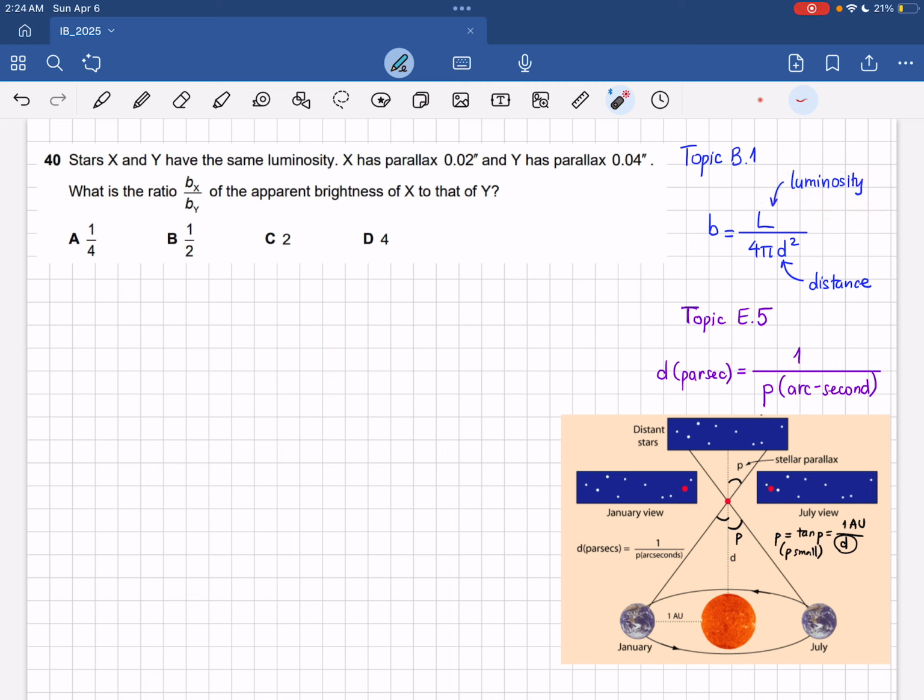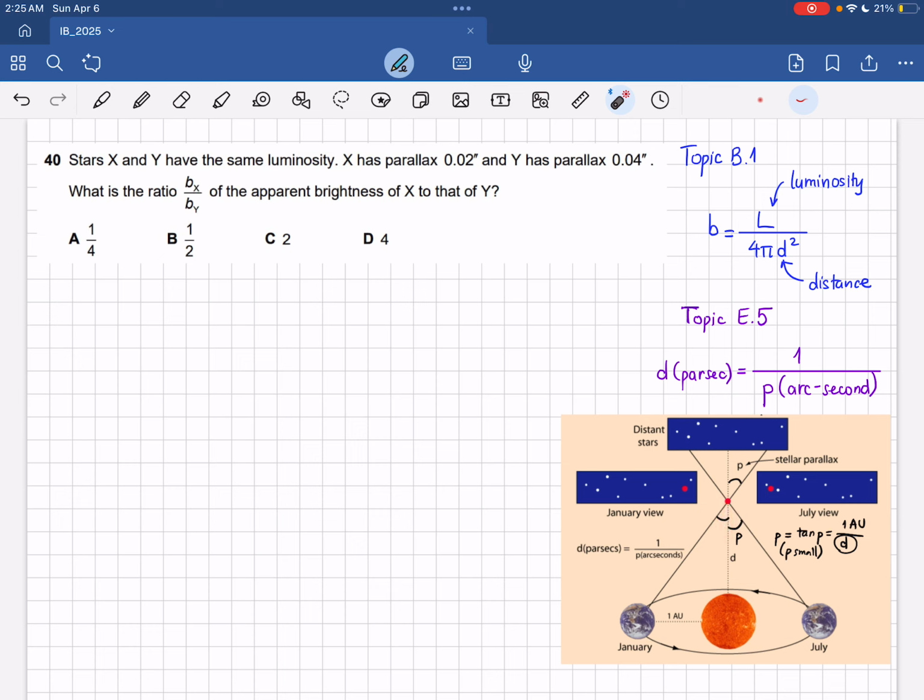By what? Just imagine this is the original source, and you can see that the energy has been spread around in a spherical shape that's really huge, right? And that spherical surface will have a radius of the distance d here. Because this angle is very, very small, you can assume that these lines are kind of equal to each other.